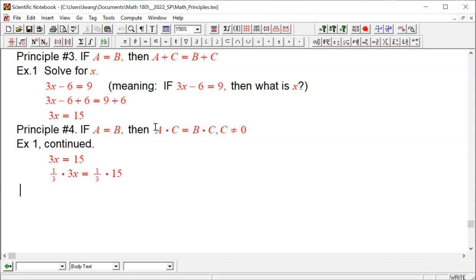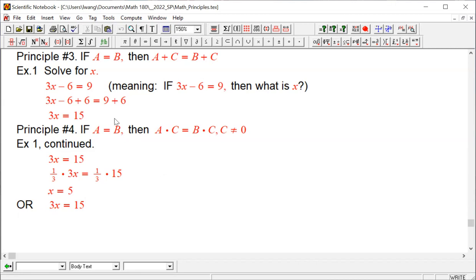So in the end, we get x equals 5. Or if you prefer, you say, I'm just used to the way I do it, I'm just going to divide both sides by 3. No difference.